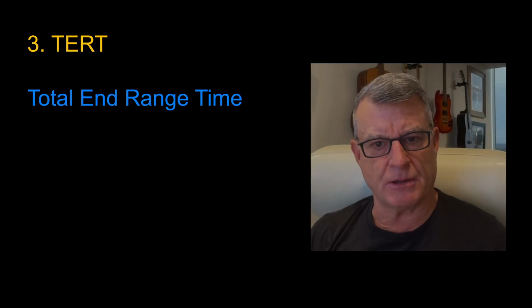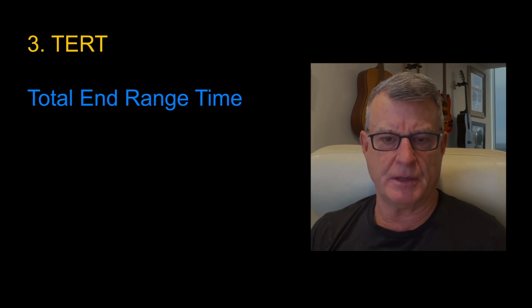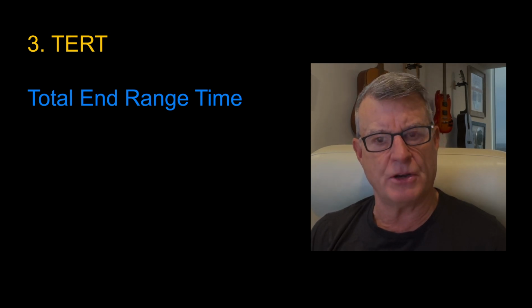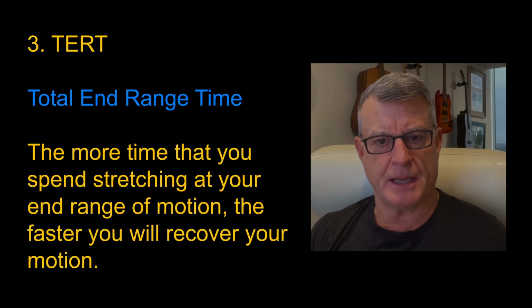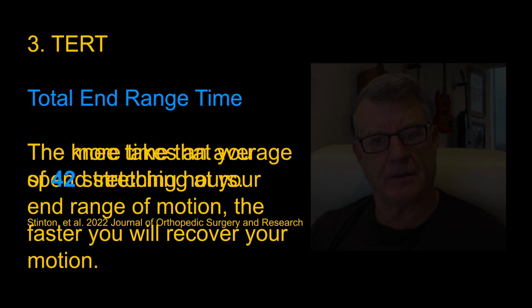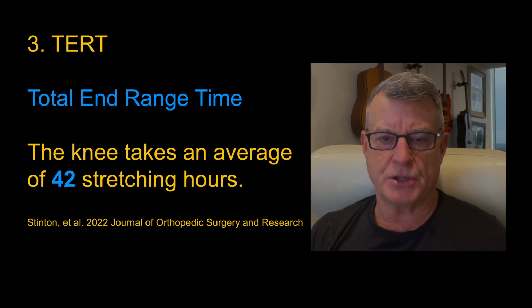3. The key to accelerating your range of motion is the concept of total end range time, or TERT. The more time you spend at the edge of your safe zone, stretching and elongating the tissues around your knee, the quicker you'll recover your motion. In the knee, we've shown that this takes 42 hours of stretching.